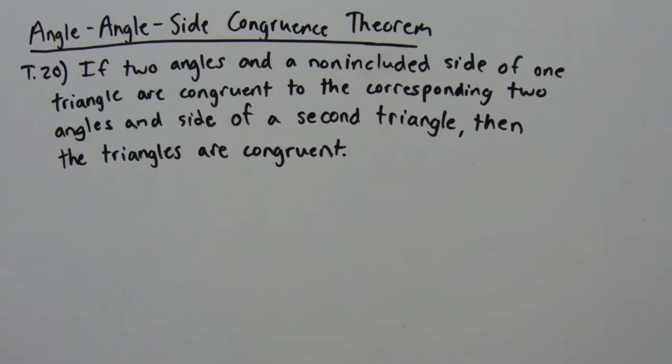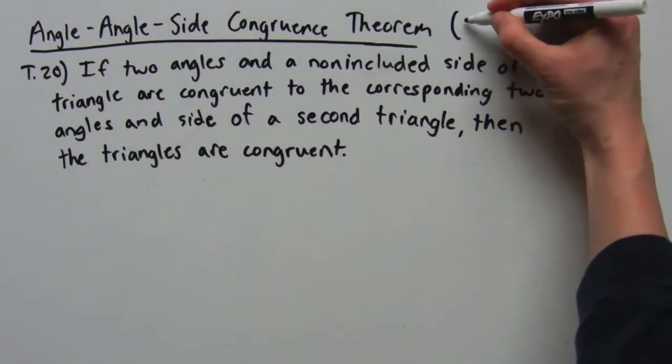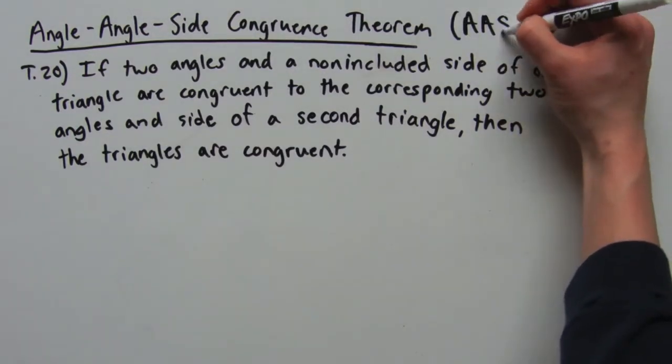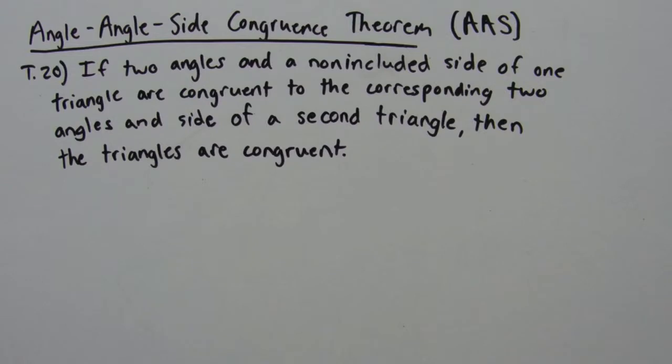So T20, or the AAS theorem for short, says if two angles and a non-included side of one triangle are congruent to the corresponding two angles and side of the second triangle, then the triangles are congruent.